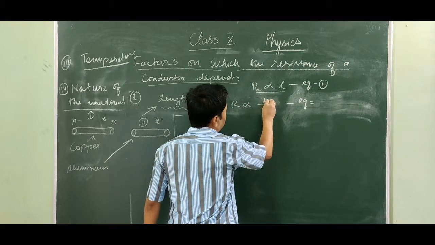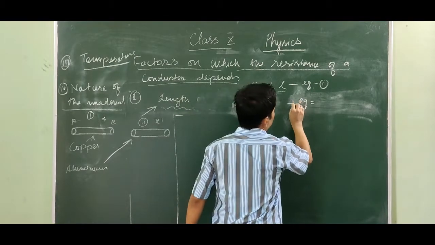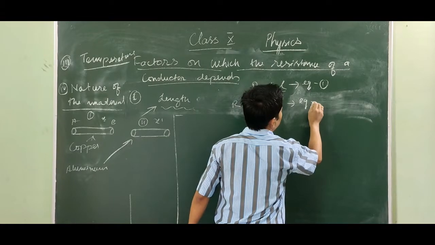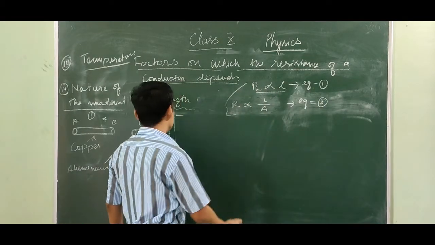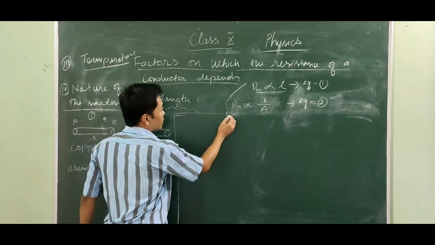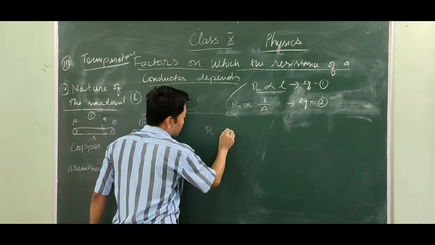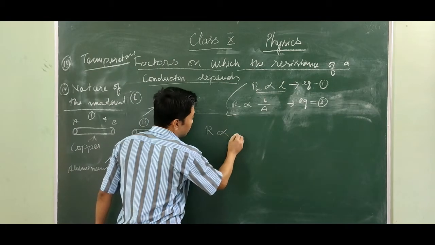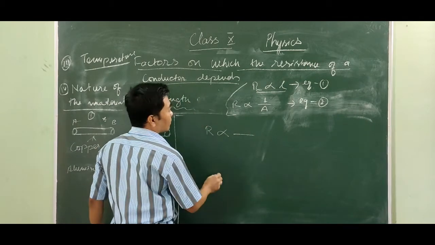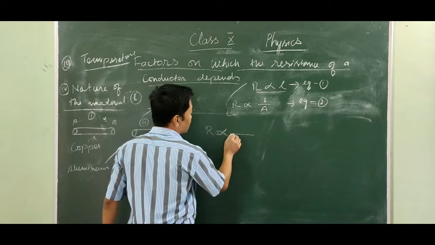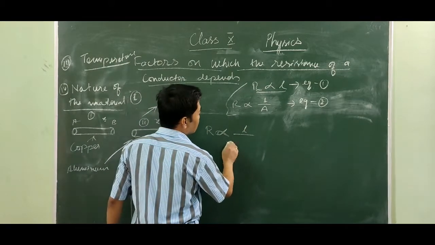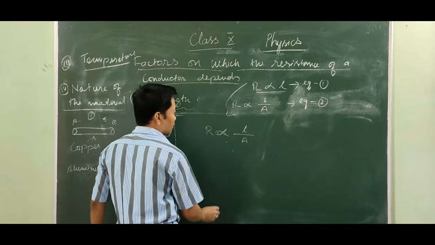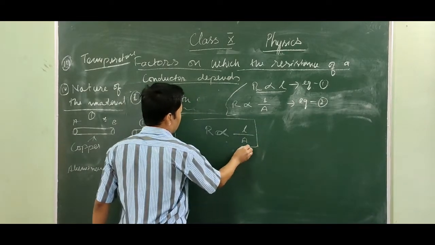So if we combine equations 1 and 2, we get the relation here: resistance is directly proportional to the length and inversely proportional to the area. So this is one relation we have.